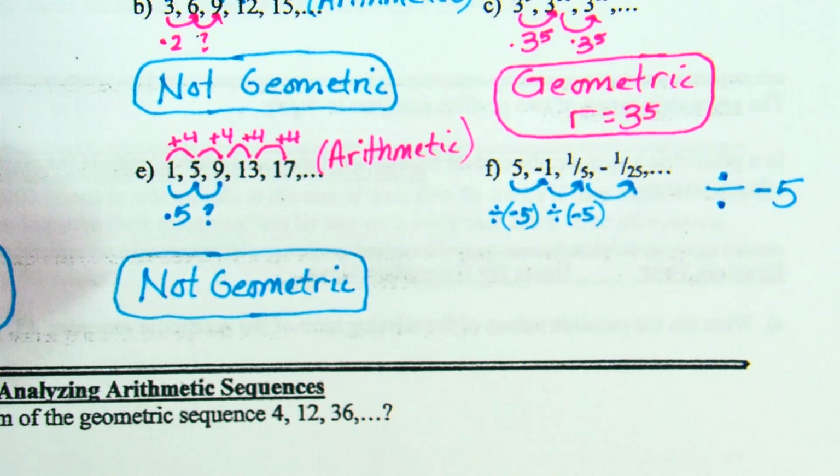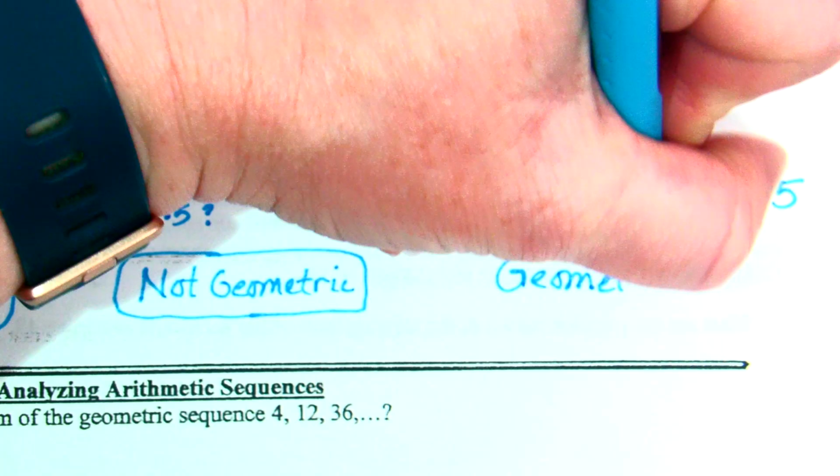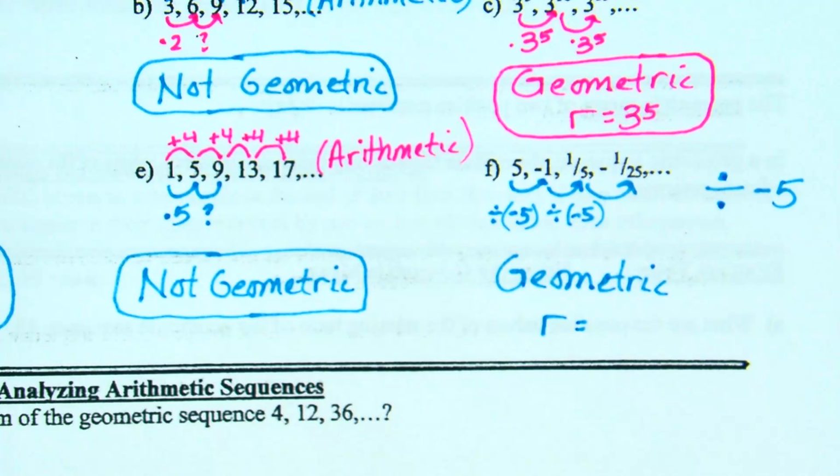Now, here's what I don't know at this point. I don't know R. R is not negative 5, because R is whatever you multiply by over and over and over. Okay? And so that's why I say I have to talk multiplication. Because if I start throwing in division, then we're going to get our R values wrong.